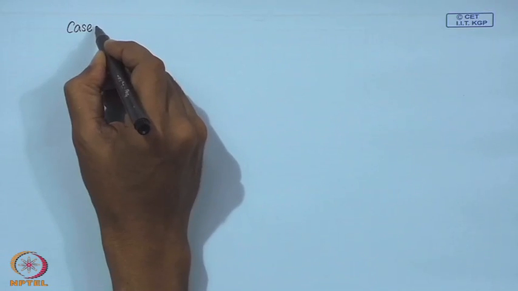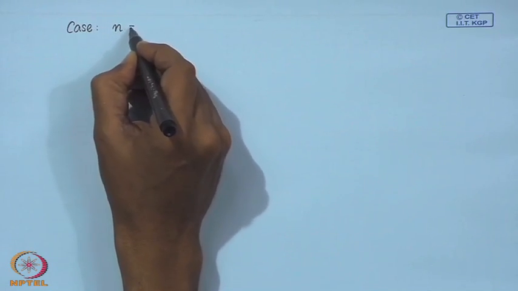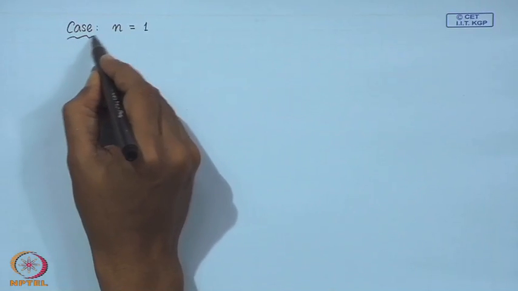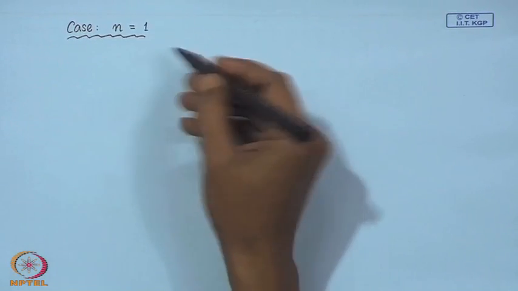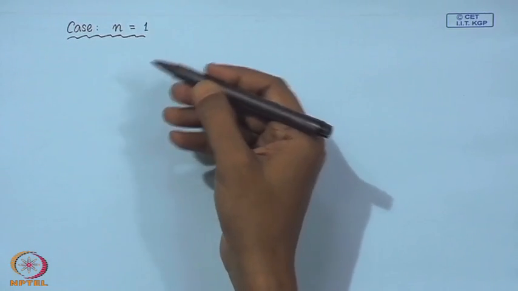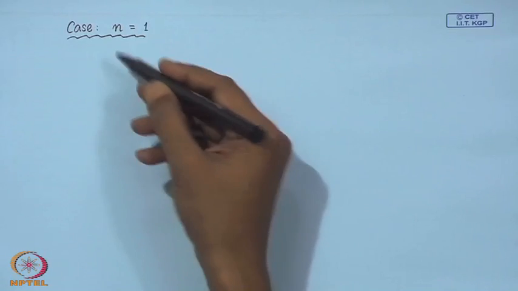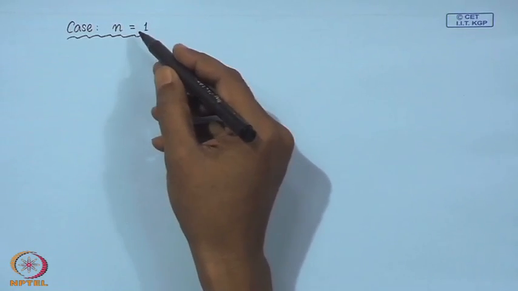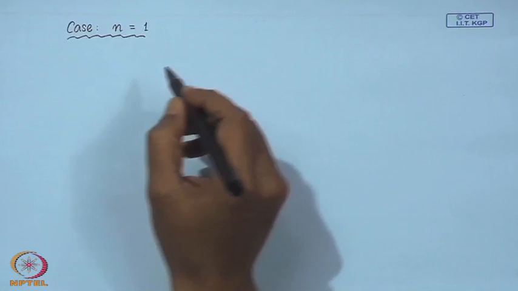Now, next let us consider the case n equal to 1. So, now we are talking about non-axisymmetric modes, of course, because there is theta dependence. As soon as n is non-zero, we have theta dependence.